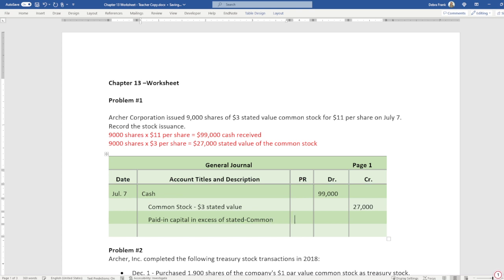And that would be the difference of 99,000 minus 27,000, so that is 72,000.